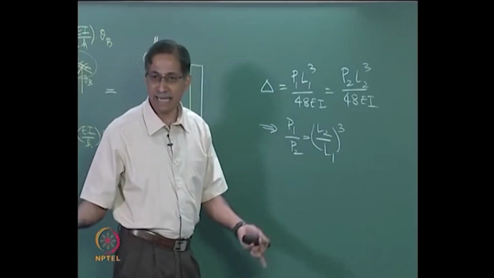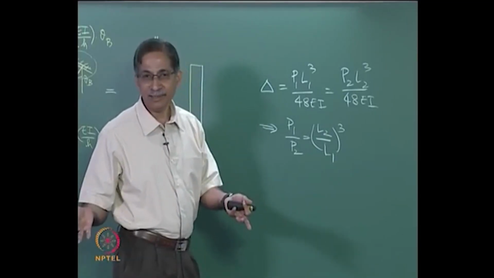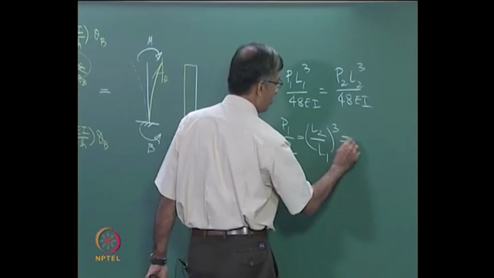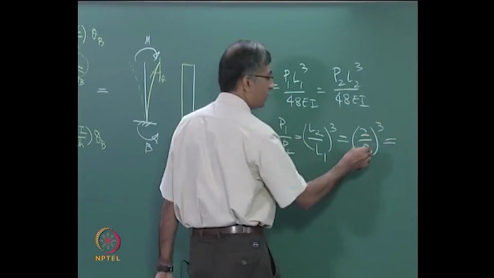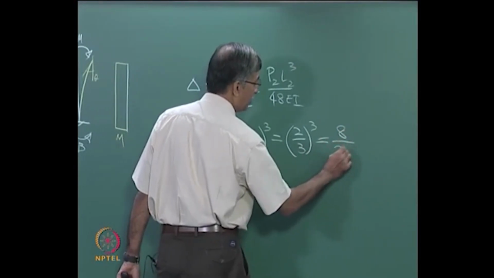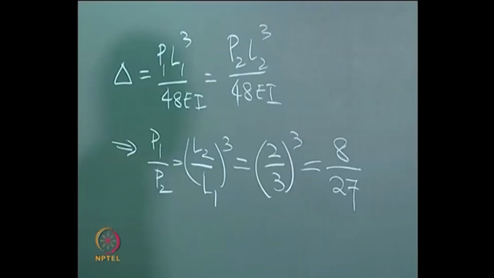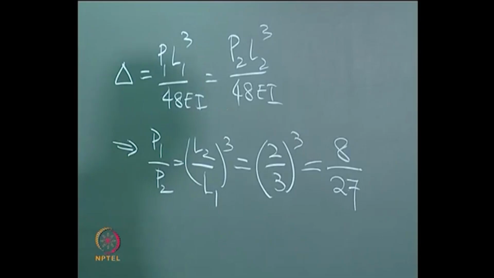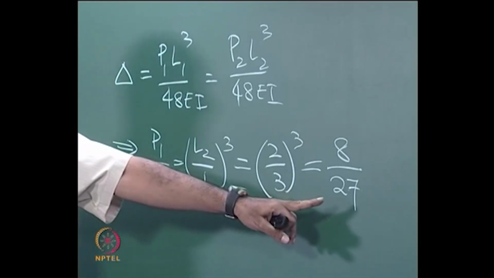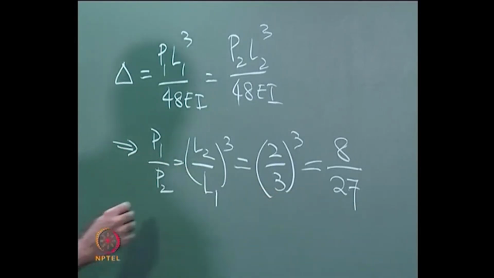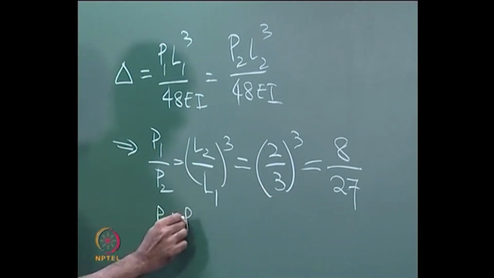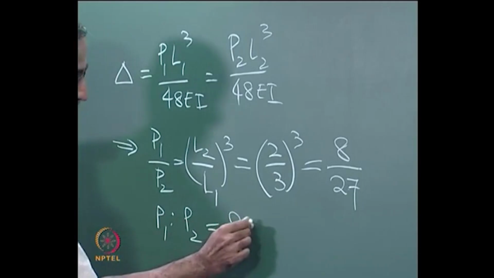So one span is L, the other span is 2L by 3, so (2 by 3) the whole cube works out to 8 by 27. So the stiffer one must be the one which is taking more load. So P1 is to P2 clearly is the ratio 8 is to 27.